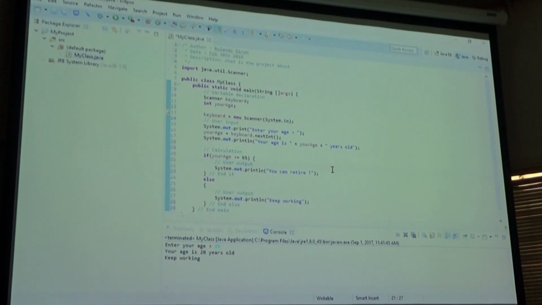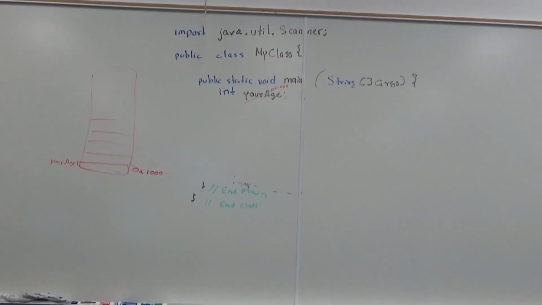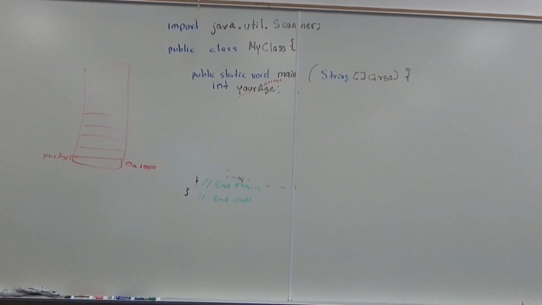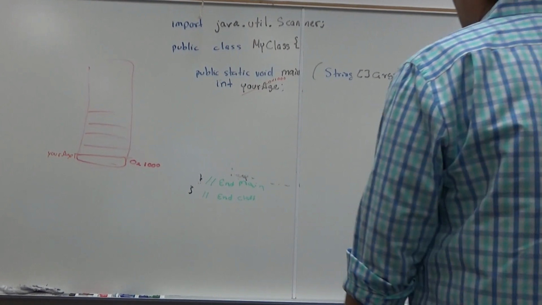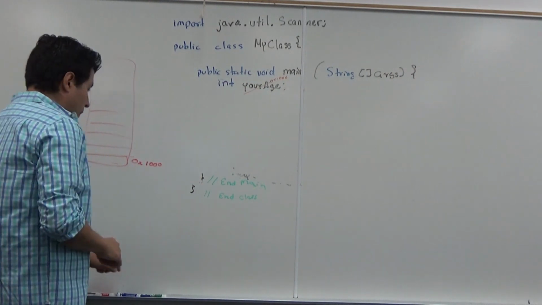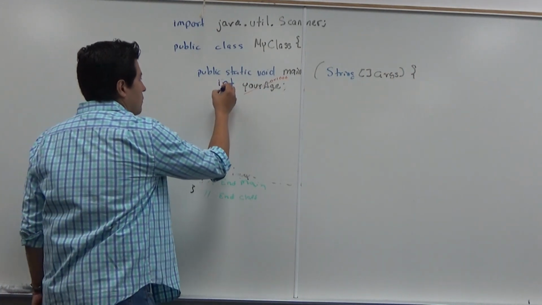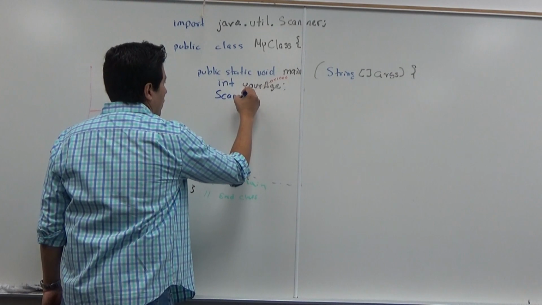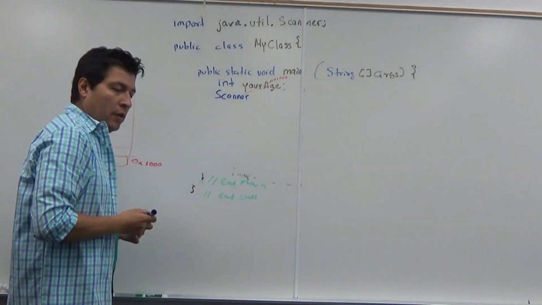All right, so try to run this program. So, integer is a primitive type, right? Scanner was not. It's an object, right?